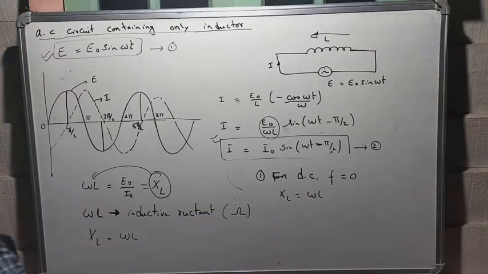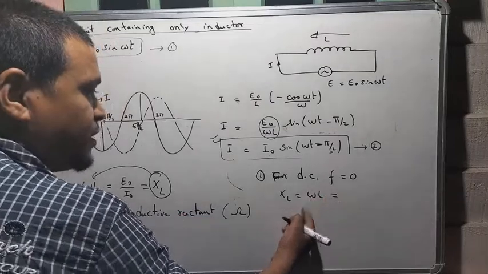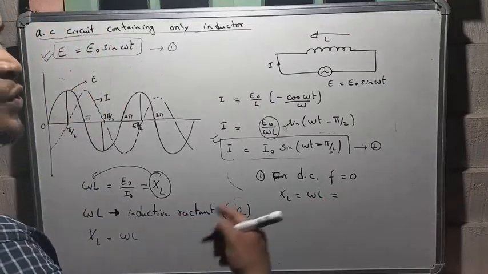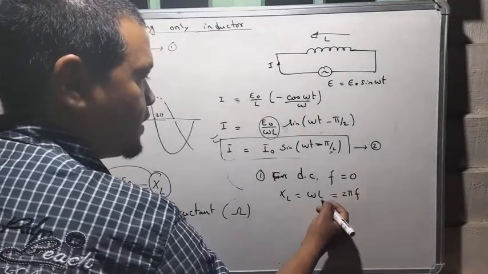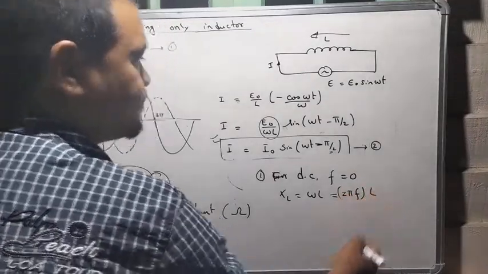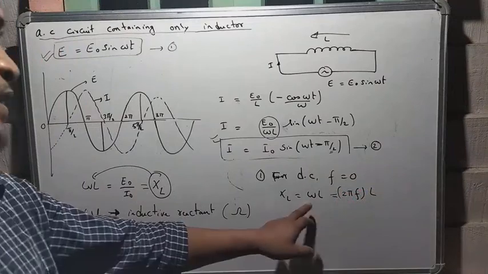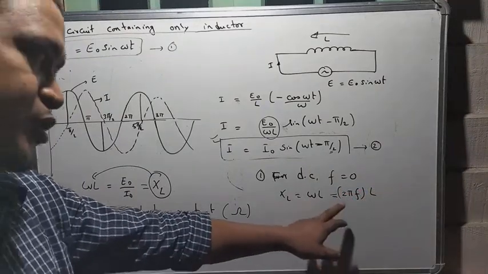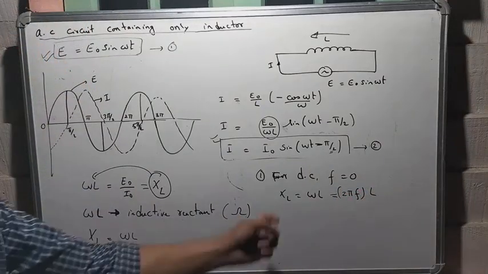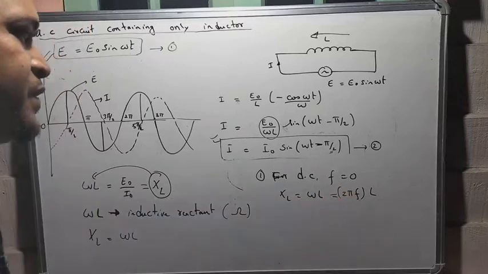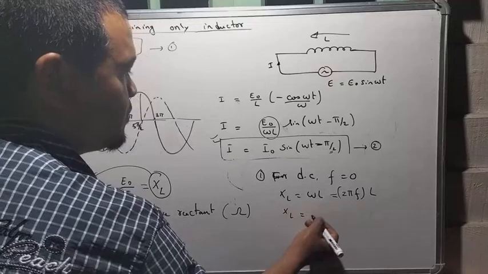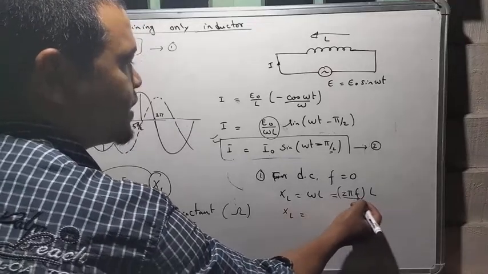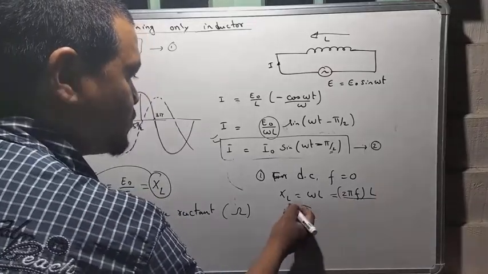Angular frequency. Omega can be written in terms of linear frequency as 2 pi f, with this L. But for direct current, f is how much? F is 0. So when f is 0, then 0 times anything will be 0. So XL is equal to 0.